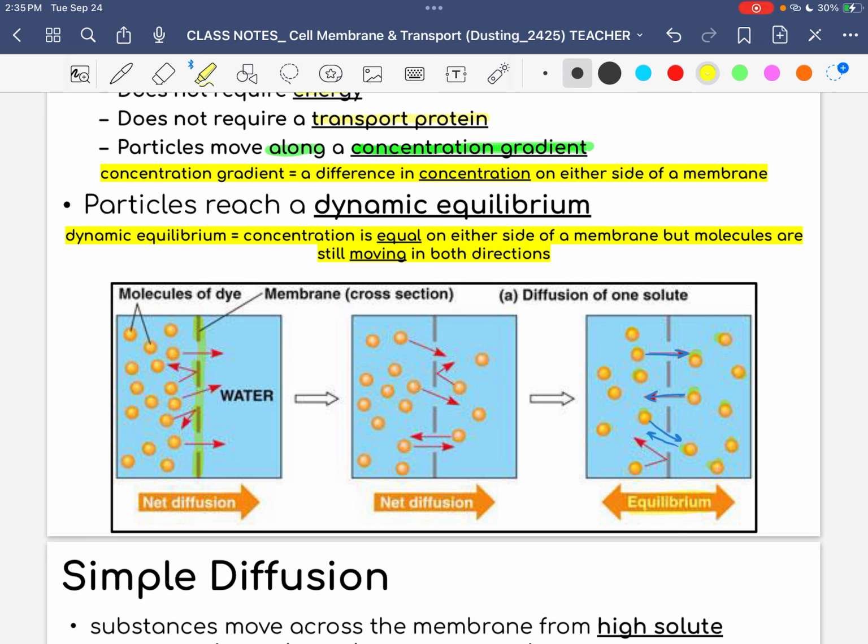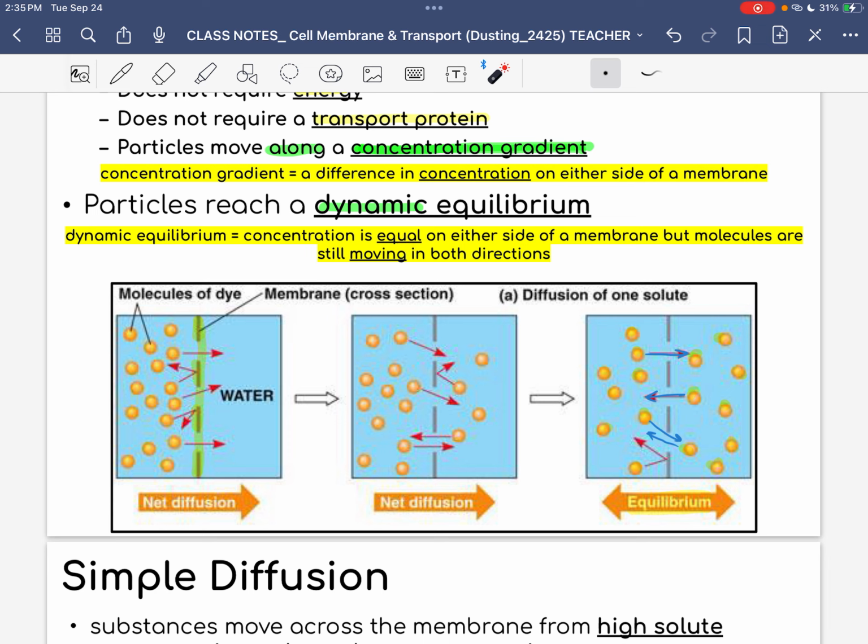Okay, we call this a dynamic equilibrium. Dynamic means that it's still moving, right? So again, like you can see here, dynamic equilibrium, what is this? This is a key term that you need to know, just like concentration gradient. It's when the concentration is equal on either side of a membrane, but the molecules are still moving in both directions.